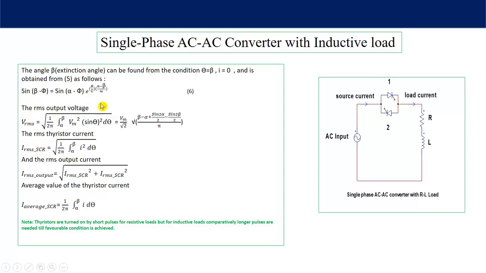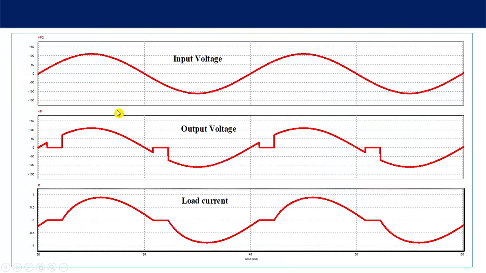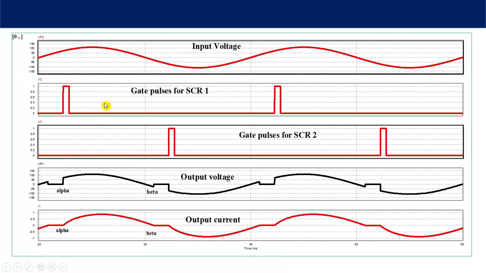Now to find the RMS output voltage, let's see here the waveform. Alpha to beta, it is Vm sin theta. Then a similar waveform here we are getting.